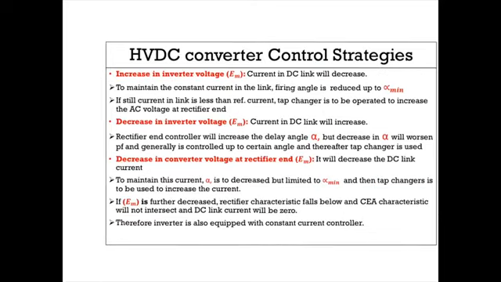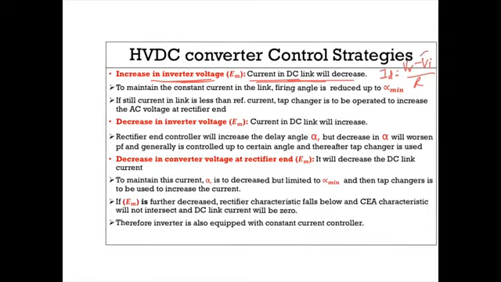Now there are certain control strategies discussed here. For example, if the AC voltage on the inverter side increases, obviously since the rectifier voltage is constant and the inverter side voltage has increased, the net DC current will reduce according to the equation. Say, ID is equal to the rectifier voltage minus the inverter voltage divided by the total resistance.